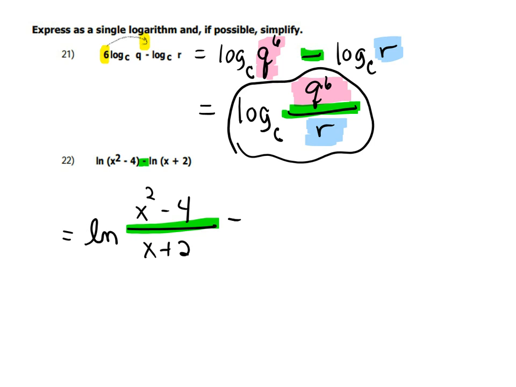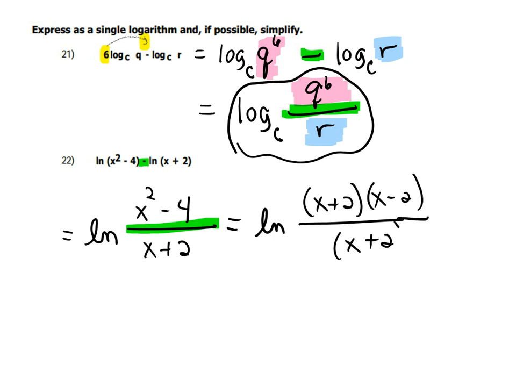But the numerator is a difference of 2 squares. You can factor that to be x plus 2, x minus 2. And then the x plus 2 in the numerator cancels the x plus 2 in the denominator. So all you're left with is the natural log of x minus 2.